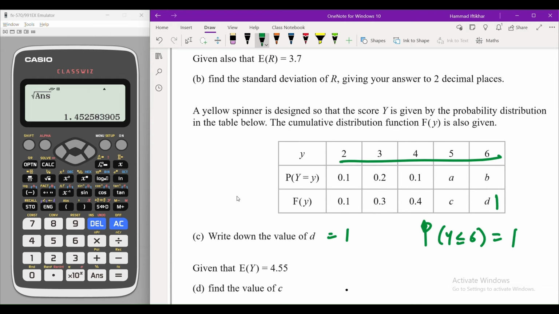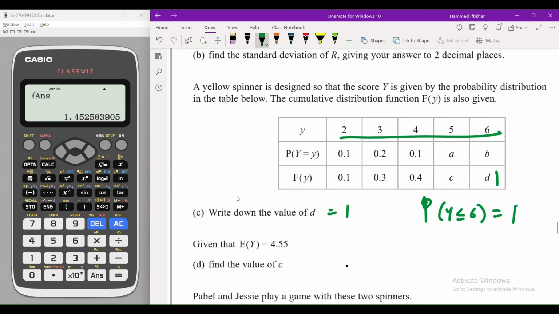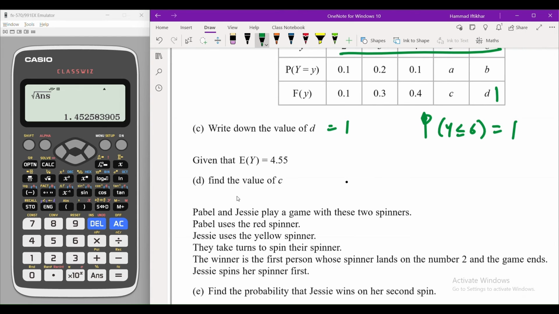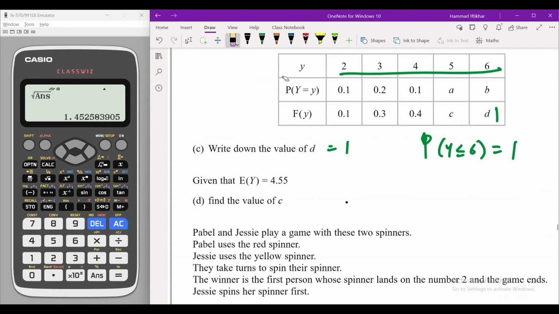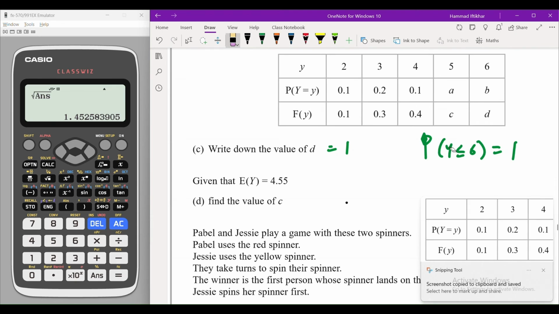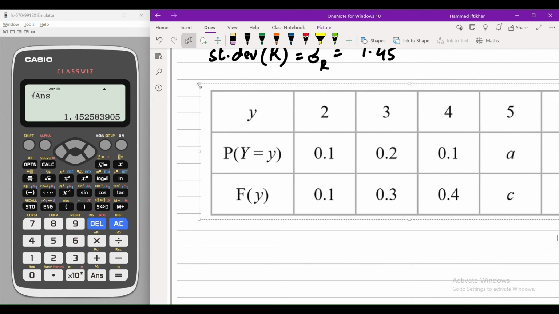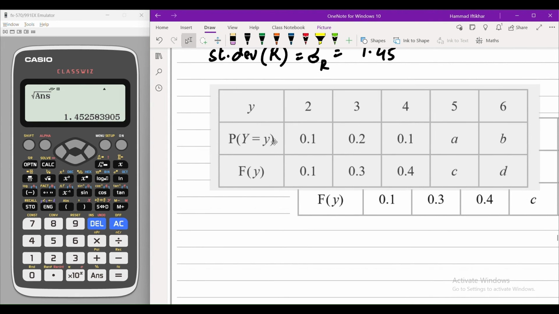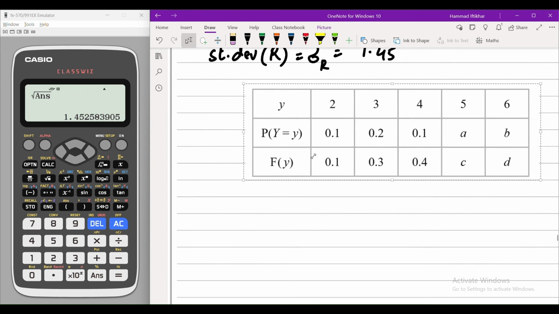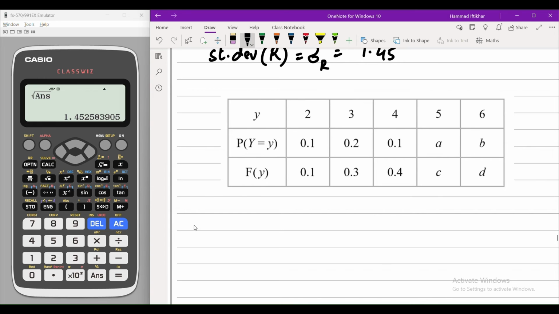Given that E(Y) is 4.55, find the value of C. Okay, so let's take this below and let's work on this. They said that E(Y) is 4.55.